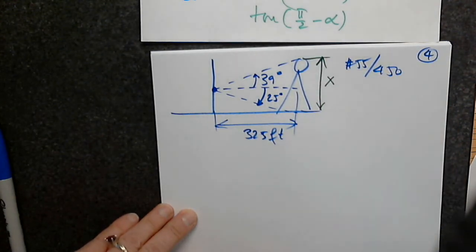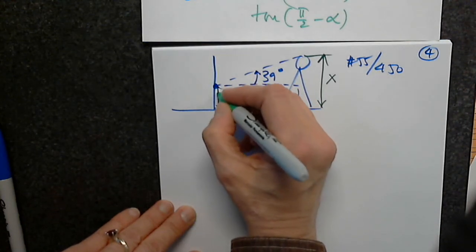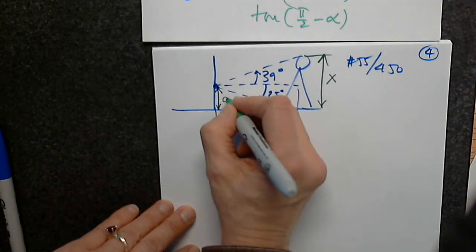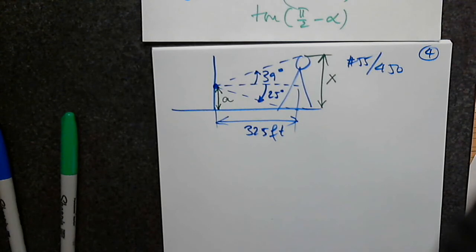I'm going to call it X. And they're also asking us to determine this. I don't want to call it Y. Let's say I'm going to call it A. I can call it Y. It doesn't matter really. Okay.